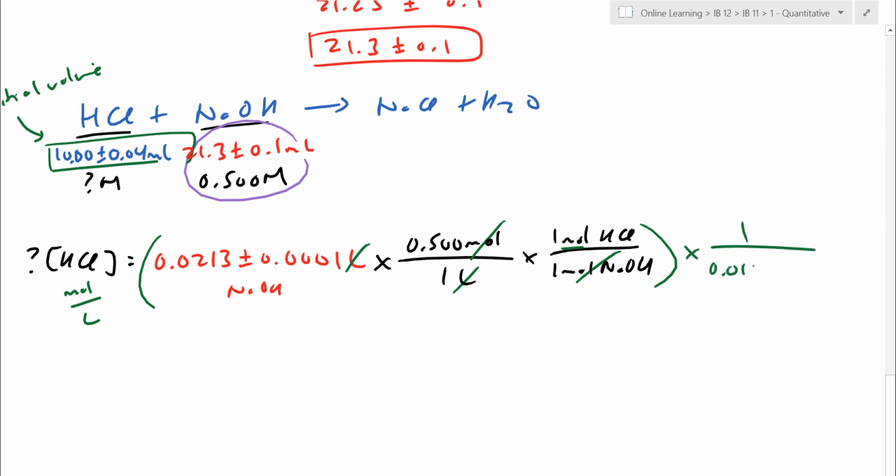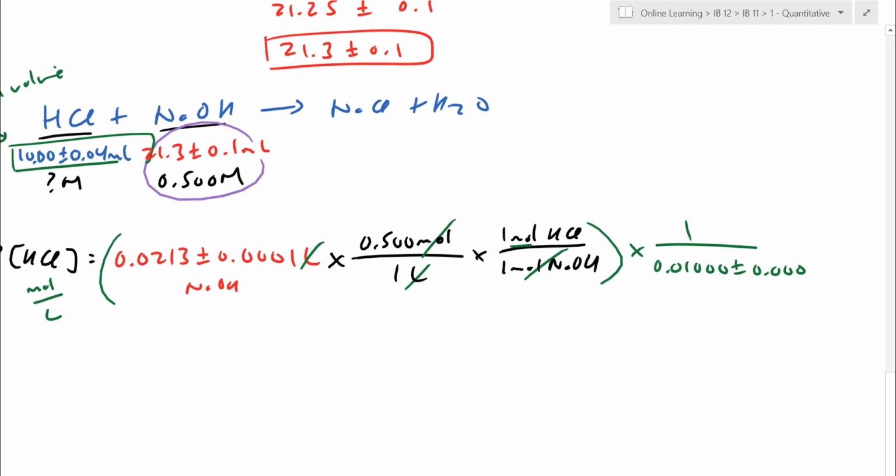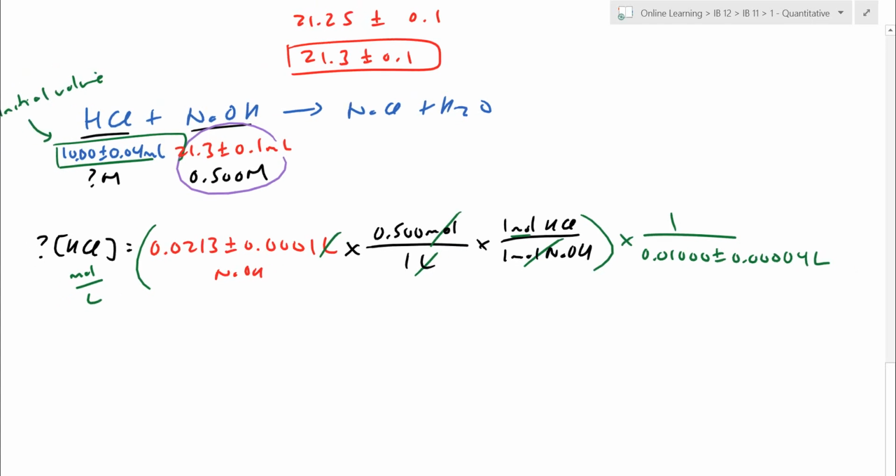Divided by 0.01, I'm going to convert to liters, and that's your starting volume of acid, plus or minus 0.00004. And then we'll get moles over liters, and that will give you your concentration. Ultimately, it boils down to a stoichiometry problem, but I just walk you through how the numbers would look experimentally. So let's just punch our way through.